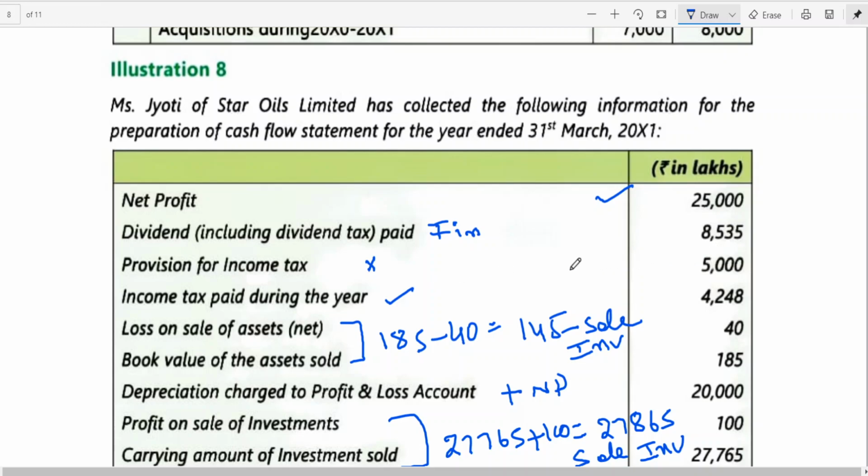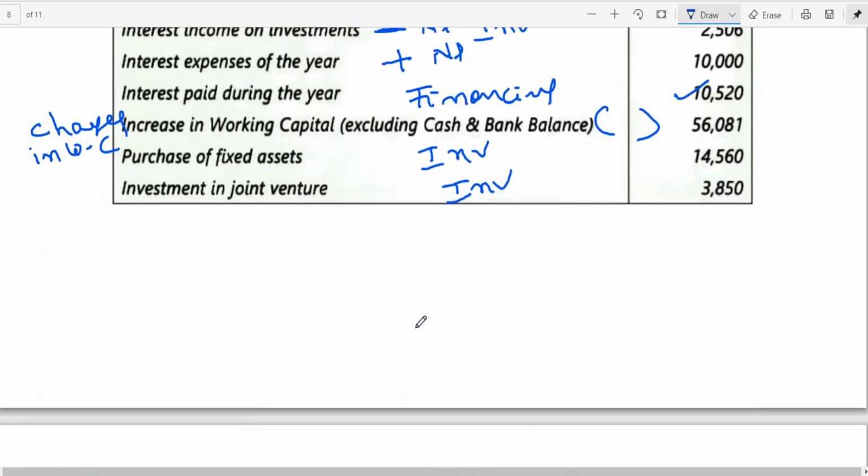We assume that this provision for income tax, because he has not mentioned, is net profit after tax. That is why we are assuming this provision for income tax has been adjusted. So this provision for income tax is to be added back to get net profit before tax. That is what they have done.